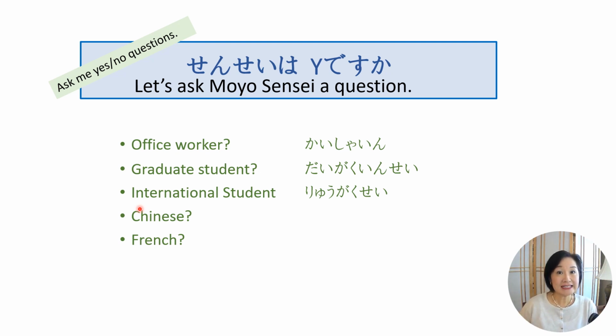The word for Chinese is 中国人. And I am not a Chinese, so I should say いいえ、中国人じゃないです。はい、good job.